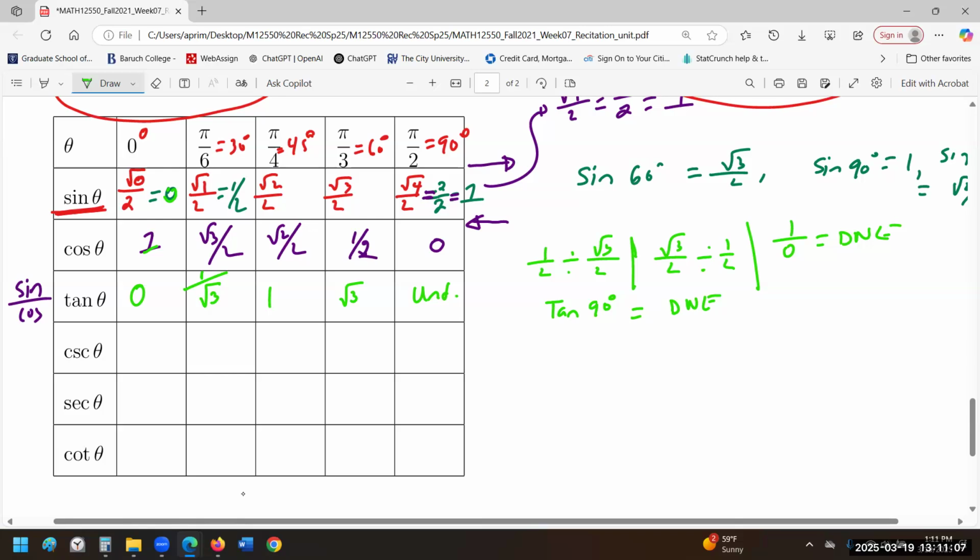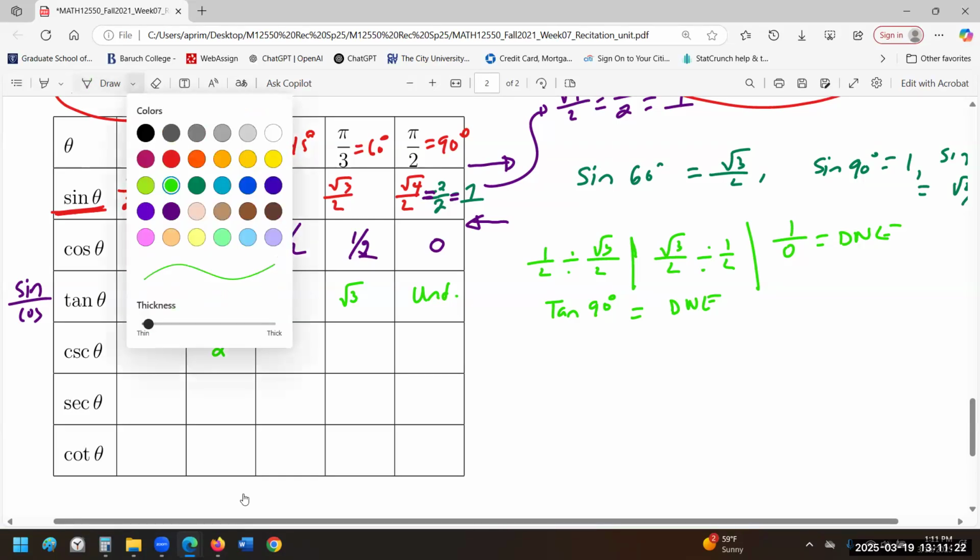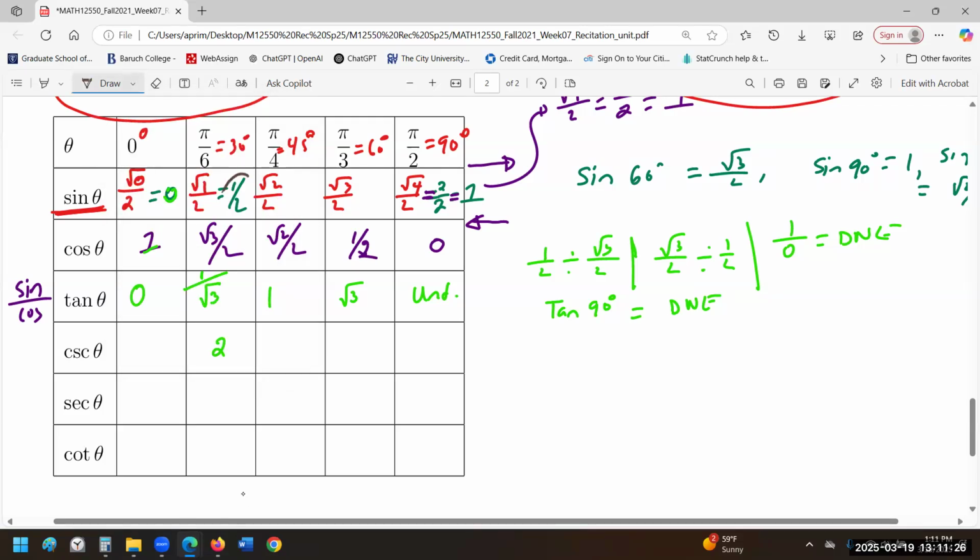For example, if you flip 1/2, it becomes 2. Let's take a different color. So if you flip 1/2, it becomes 2/1, which is 2.